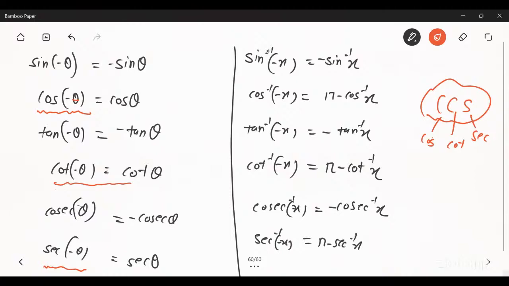Similarly, in inverse trigonometric functions, sine inverse of minus x is minus sine inverse x, cos inverse of minus x is pi minus cos inverse x, tan inverse of minus x is minus tan inverse x, and cot inverse of minus x is pi minus cot inverse x. Cosec inverse of minus x is minus cosec inverse x, and sec inverse of minus x is pi minus sec inverse x.